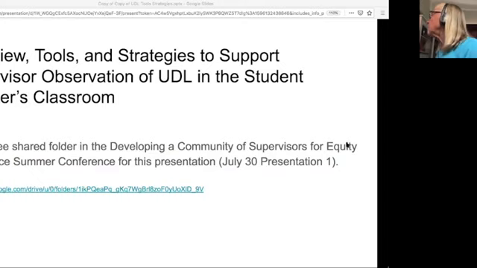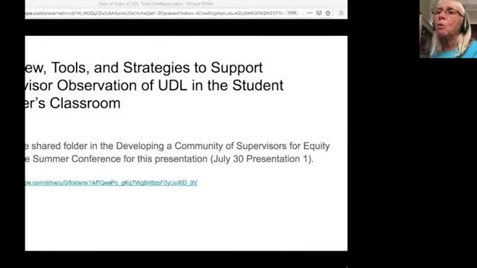So what does it mean to provide multiple means of representation? Here are guidelines. Under each guideline, there are suggestions. You can use these as the observer, but you can also use them to help the student teachers understand what it is you're asking of them in UDL. This has been just a massive help in supervision.